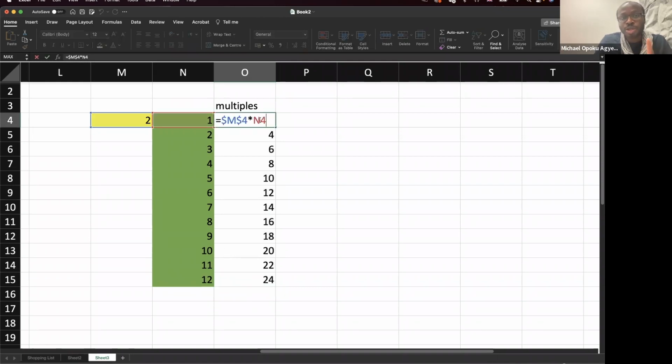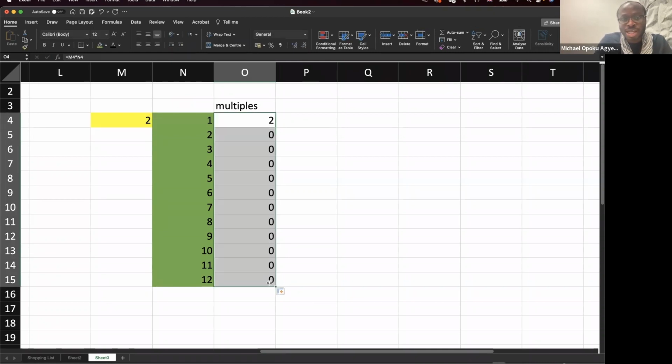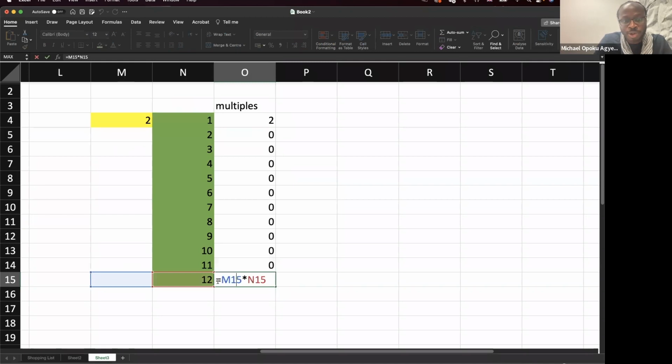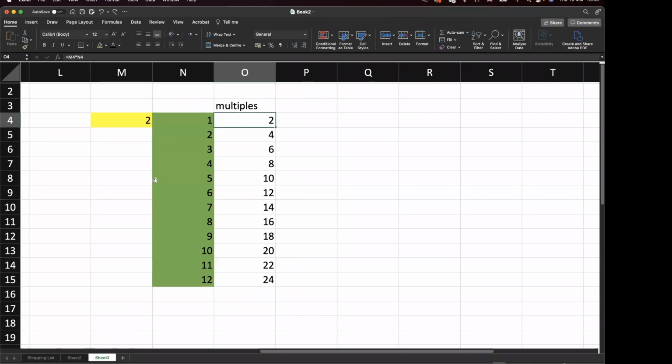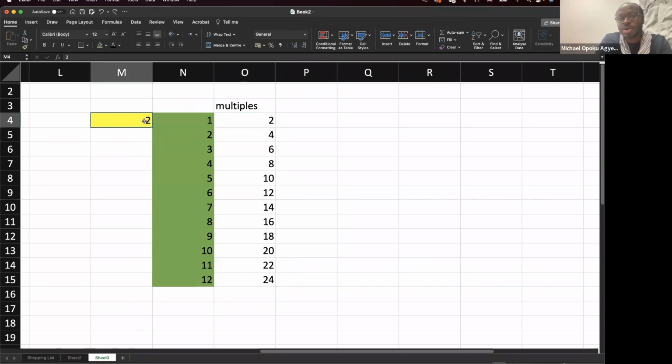But if we didn't put the dollar, for example, and I drag it down, you notice the ones at the bottom give me some strange values because it's assuming that this is 0, that is 0, that's 0. How do we know that? If you go in there, you notice it's selecting that cell. So the dollar simply makes the cell constant.